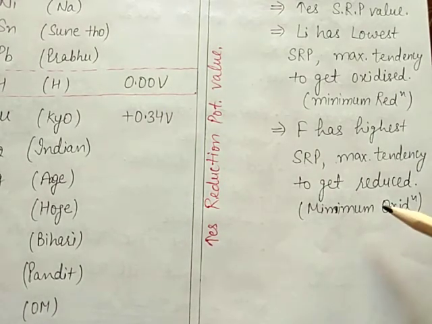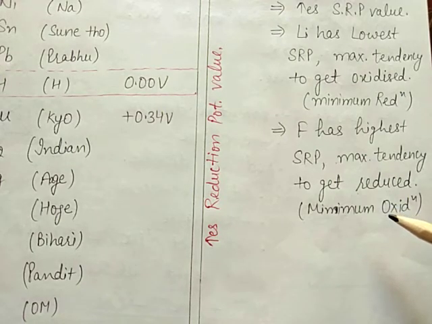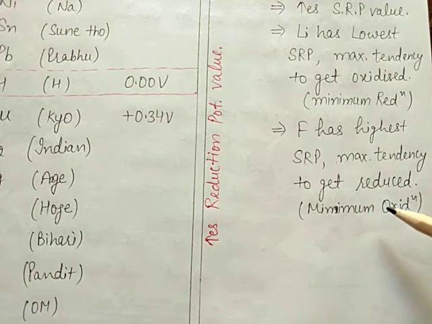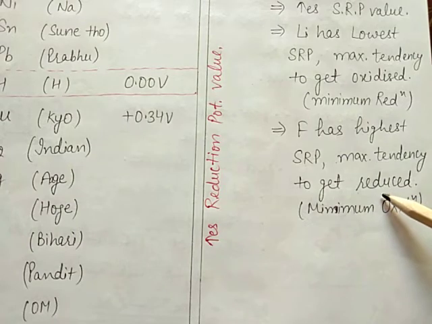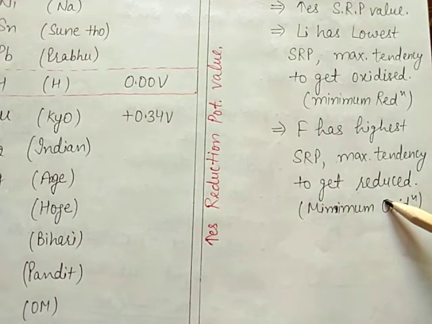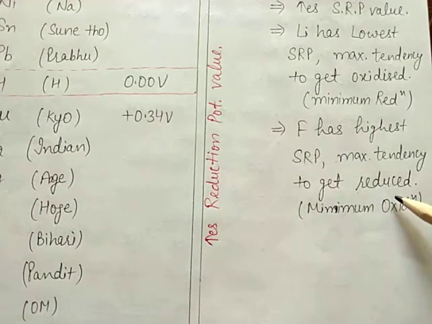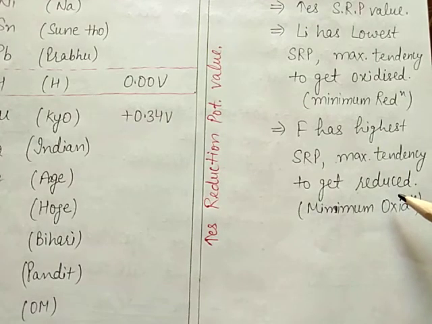We can also find out which element is a better oxidizing agent or better reducing agent, because the substance which has a lower value of reduction potential is the better reducing agent, and vice versa.